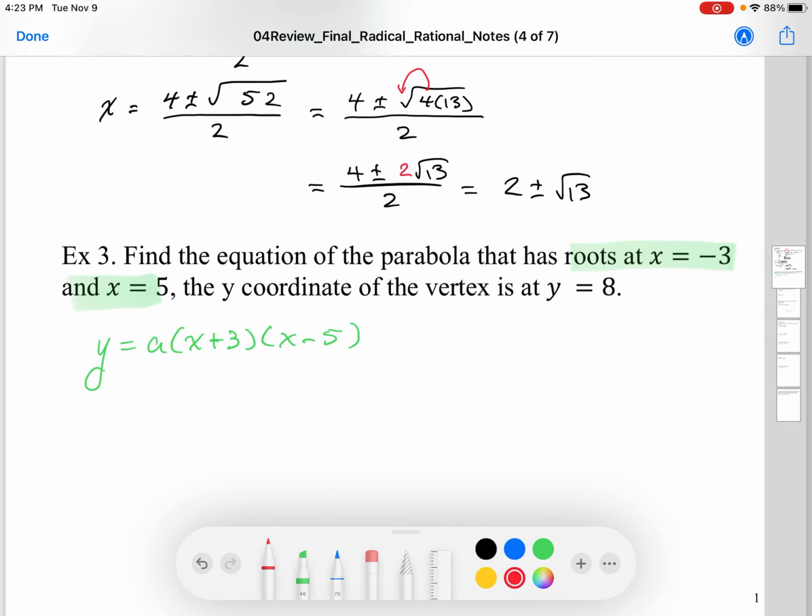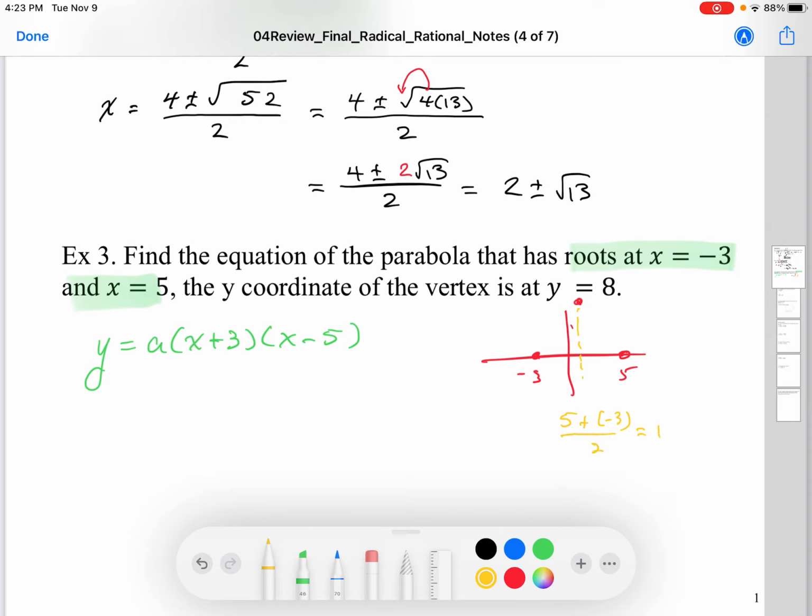So to find the x-coordinate of the vertex, imagine what this looks like. We've got a -3, +5, and we know the y-coordinate of the vertex is up here at 8. And the middle line is going to be halfway between those 2 points, or 5 plus -3 divided by 2.